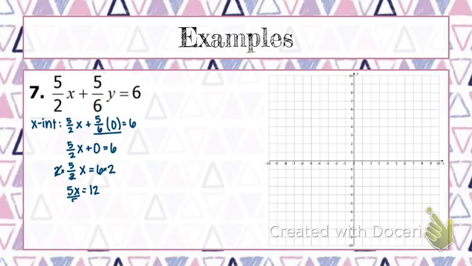Then you can divide by 5. And 5 over 5 cancels, and we get x equals 12/5. So in my opinion, it's easier to deal with fractions that way instead of having to divide by 5 halves. But that's up to you. You can do it however you want. So our x-intercept is 12/5, 0.